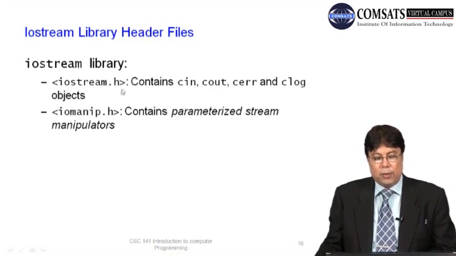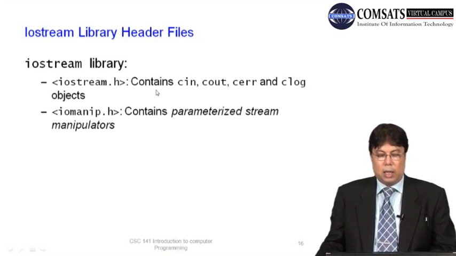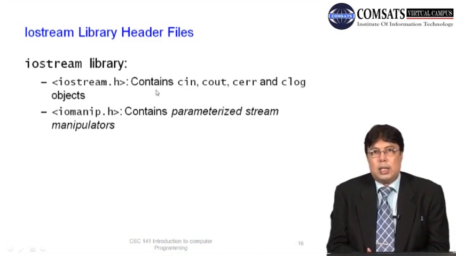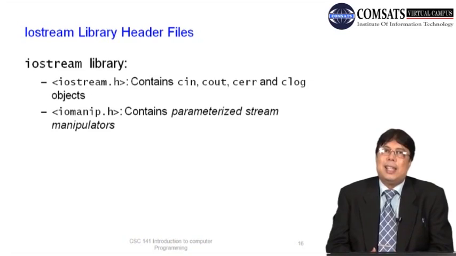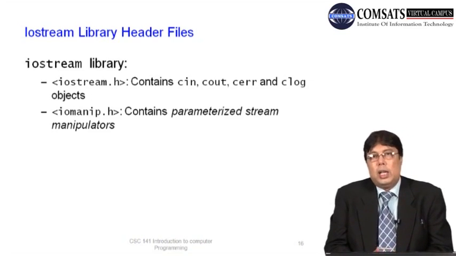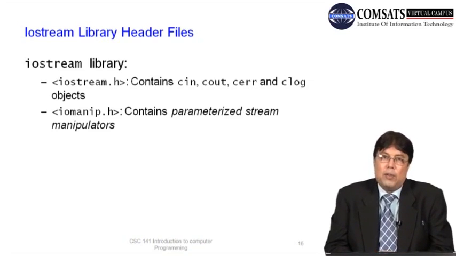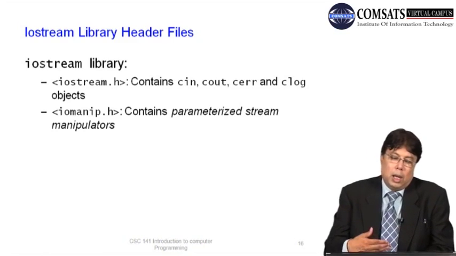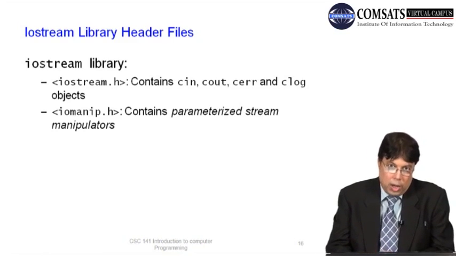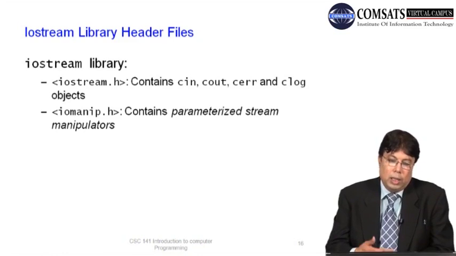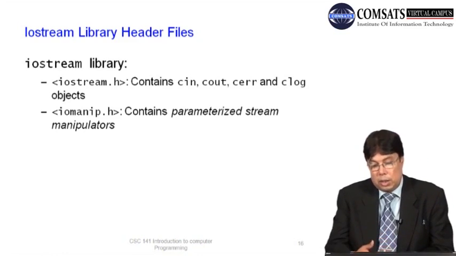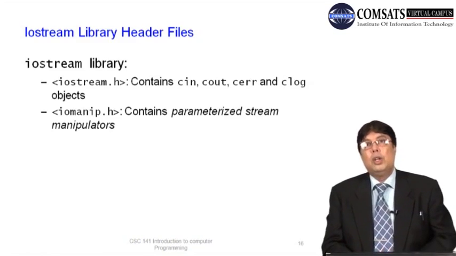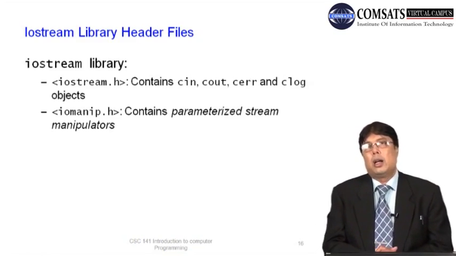So this particular header file contains objects. cin is an object, cout is an object. Similarly, there are two more objects, which are called cerr and clog. Error, you can define it as your monitor screen, but if you are dealing with a high level system or a mainframe system, then we have a device called a console.